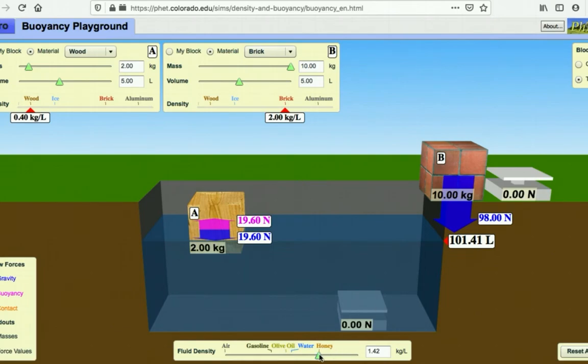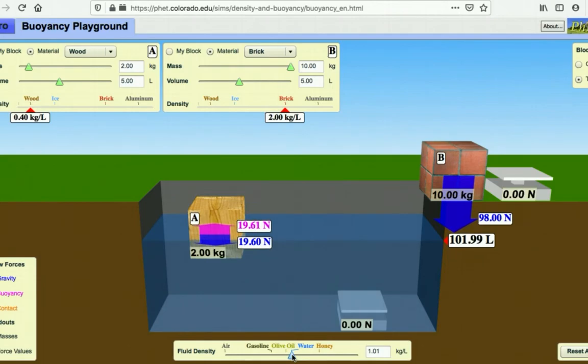In the same regard, if I were to go back to water, I'm displacing 2 liters here when it's at water. If I change this to gasoline, gasoline is less dense. It's still floating. So the buoyancy force is equal to the weight of the object.